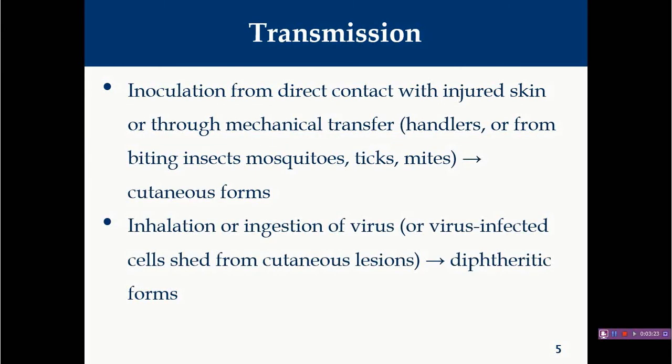Now transmission. Depending upon the form of the disease, you will find different types of transmission. First we'll discuss the cutaneous form. We have already discussed that in the cutaneous form you will find skin lesions.